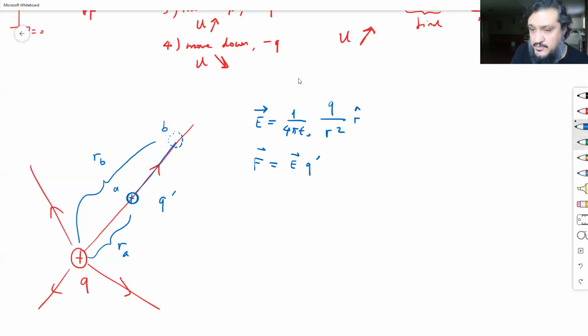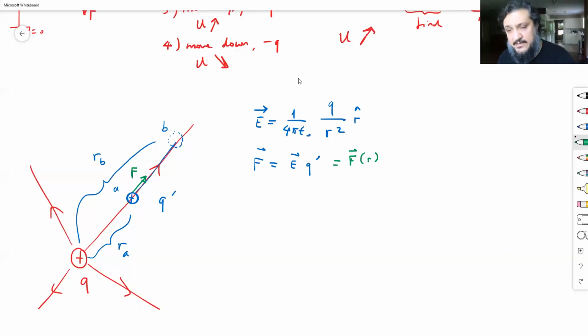That's the force on Q prime, right? So let's show the force. Force will be in this direction. Now the force is obviously a function of R. It changes. So when the force changes, we can't simply multiply the force by the distance, like RB minus RA. We have to do the integral the right way.